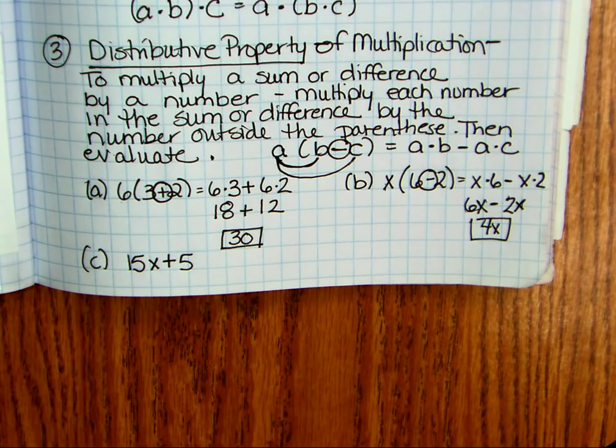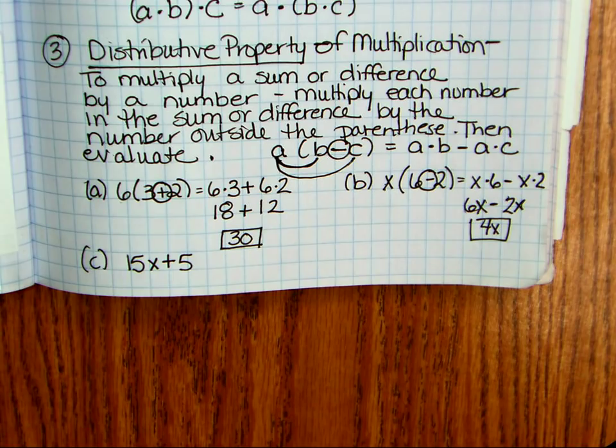And you're like, well, there's no parentheses there, so I don't know what I'm supposed to do. Well, you're going to put the parentheses in. So what you have to do first is figure out, is there a common factor between 15x and 5? Is there a number that I can divide both of those by evenly? What is it? 5, right? 15x divided by 5 would be 3x. 5 divided by 5 is 1, right?